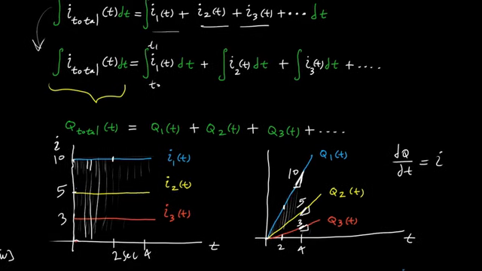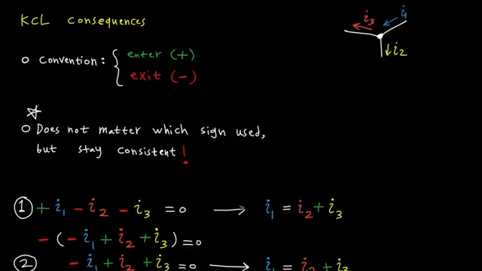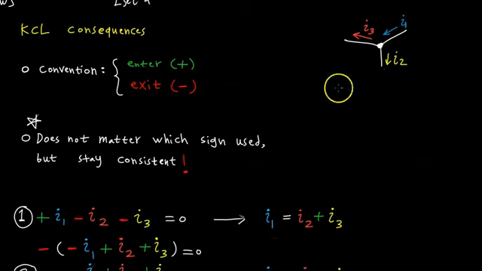So let's go on and talk about some of the practical notes in using KCL to solve circuit analysis problems. As we saw in the beginning of the lecture, KCL relates the currents in each branch coming to a certain node, and it states that the sum of the currents must equal 0.